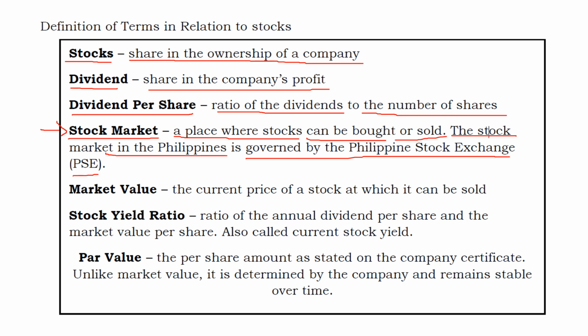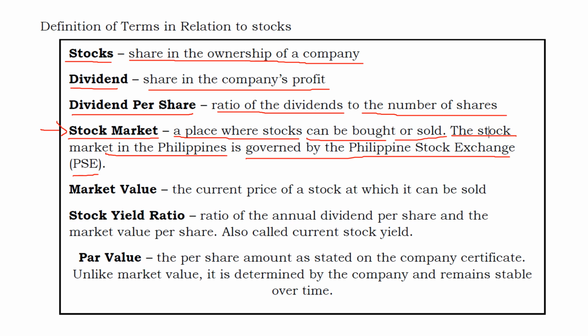The primary market is where companies float shares to the general public in an initial offering, or we can say the IPO, the initial public offering, to raise capital.